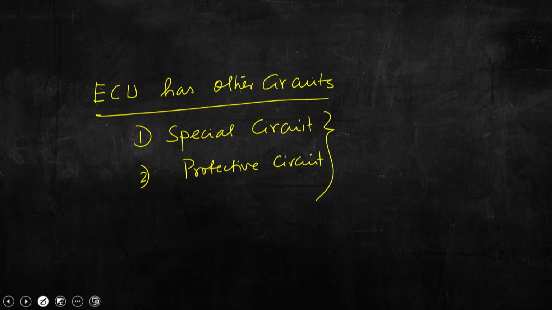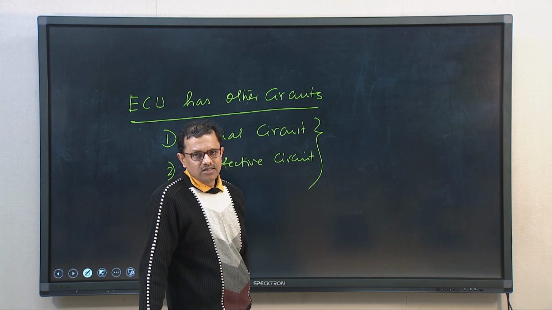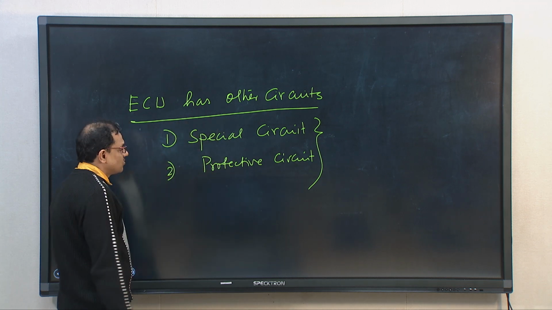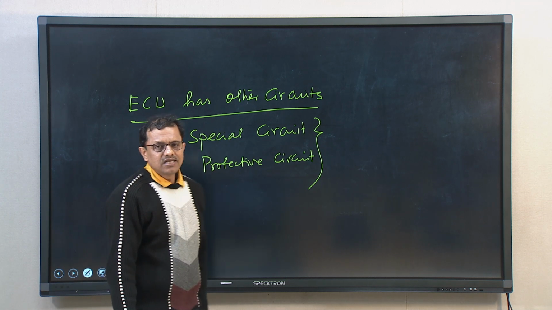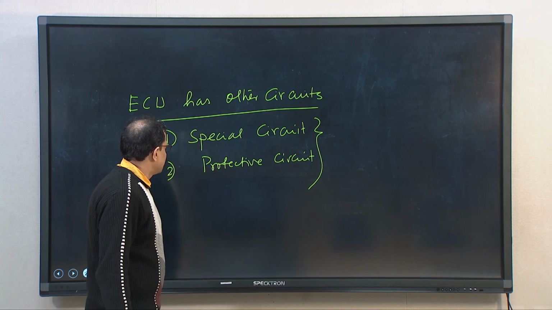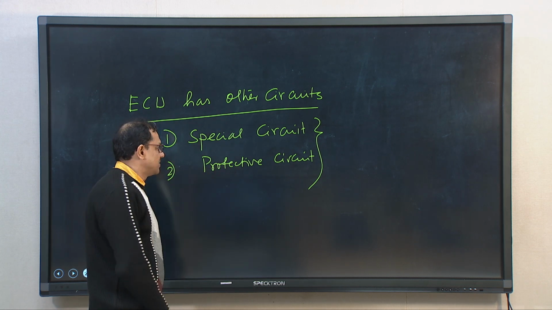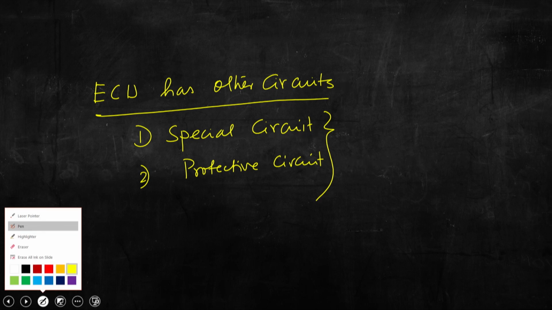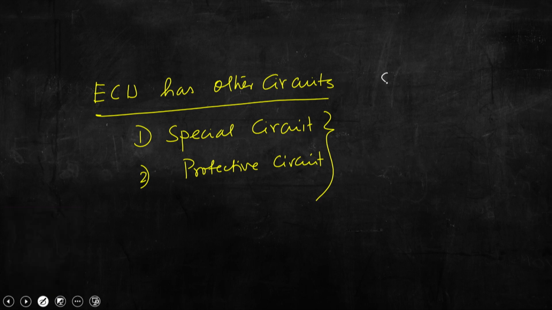These two different circuits are also housed within the ECU. So, basically we are trying to discuss the ECU layout. Why do we need the special circuit and protective circuit? Let us discuss briefly. You know that when the input signal is pulse shaped, I will write here a special circuit.